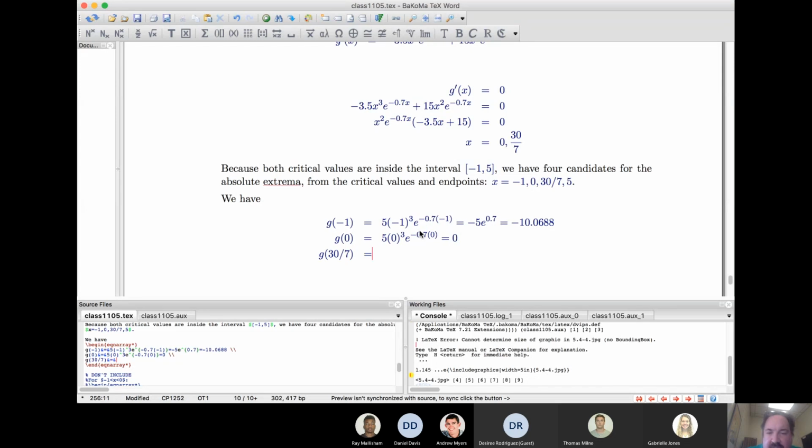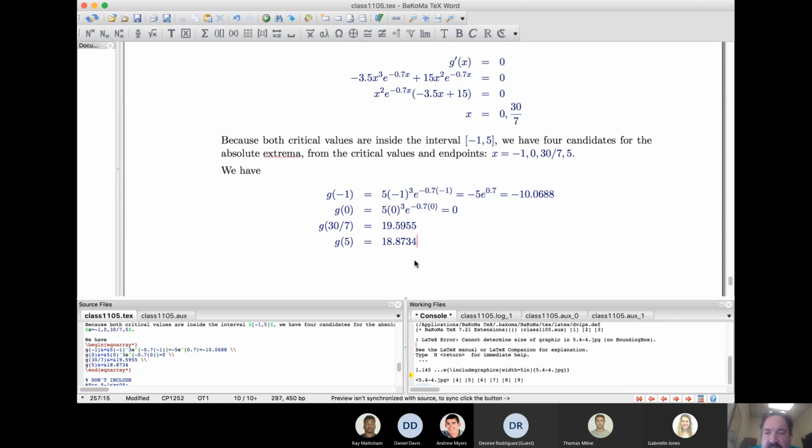So we're going to substitute 30 over 7 into the same expression. I'll just cut to the chase here. We get 19.5955. And then finally, g of 5 turns out to be 18.8734. So we see which is the largest, which is the smallest. So this is the largest value.